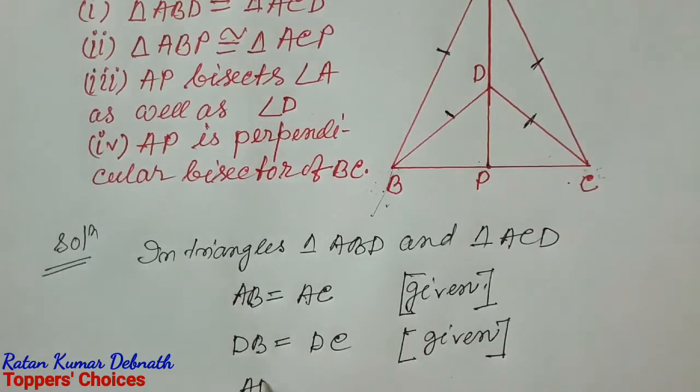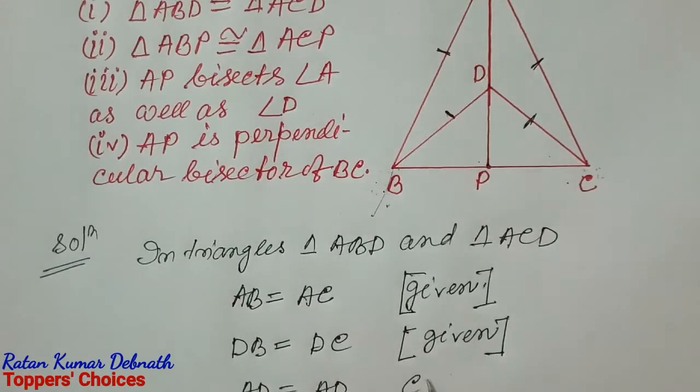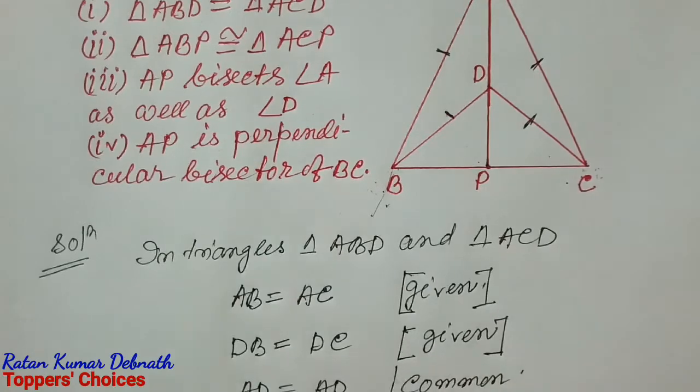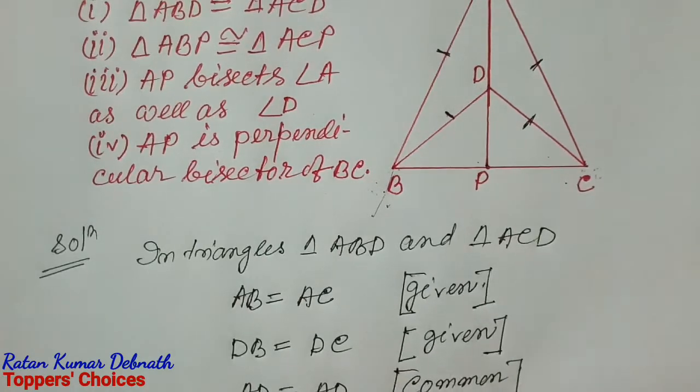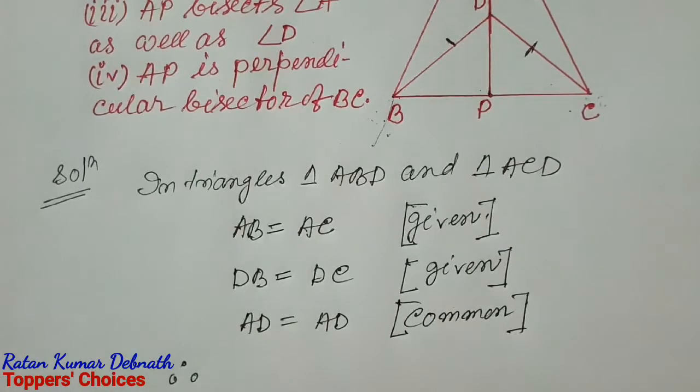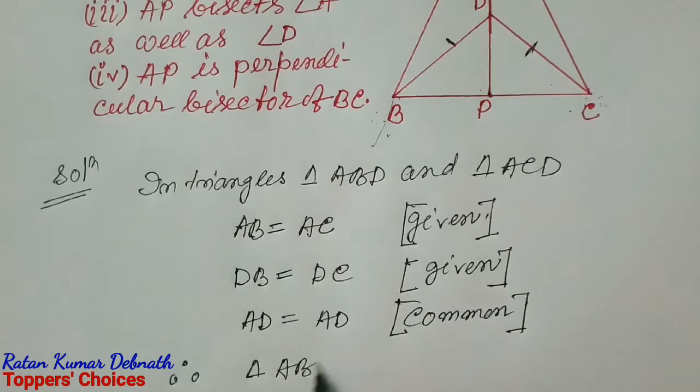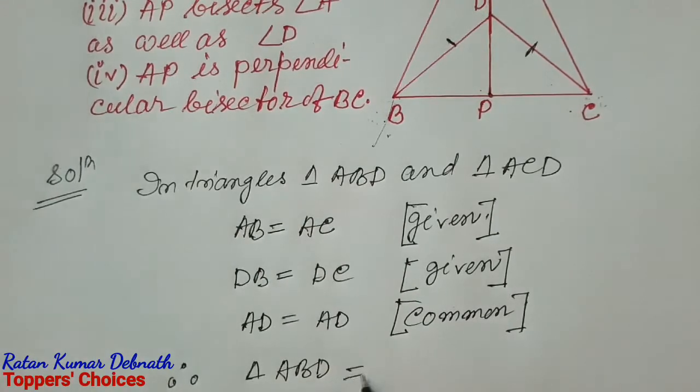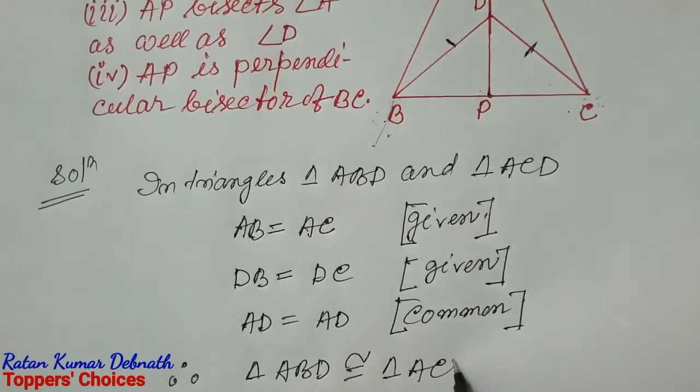AD equals to AD, common. Therefore, triangle ABD congruent to triangle ACD.